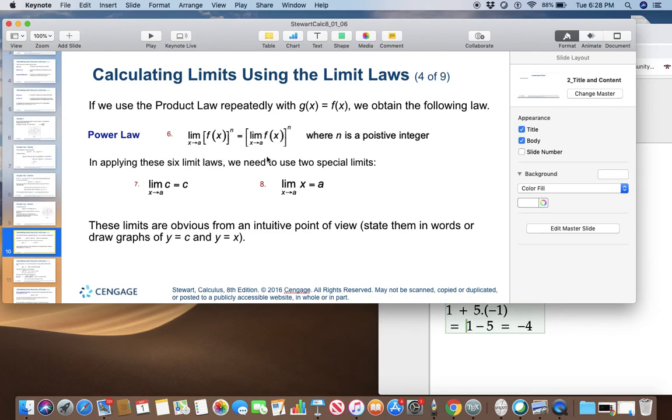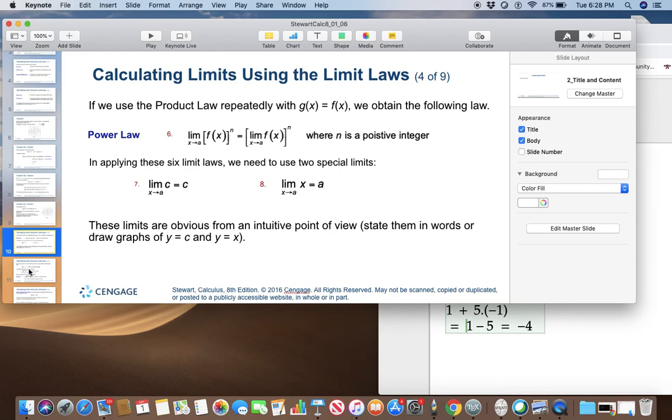So this is a special case of the multiplication law. Okay. There are two special limits. One is the constant. A constant function has limit itself. Another is the function x. When x approaches a, the limit of x is a.